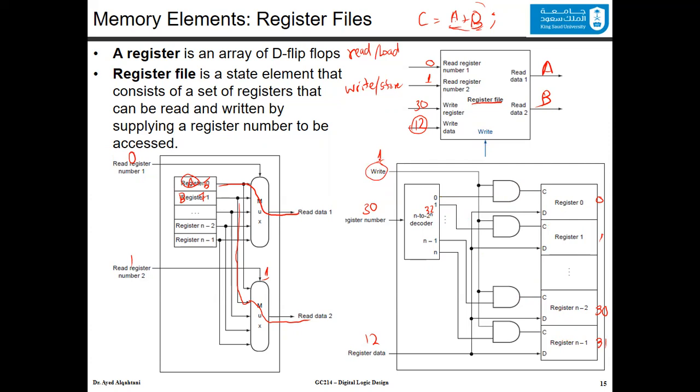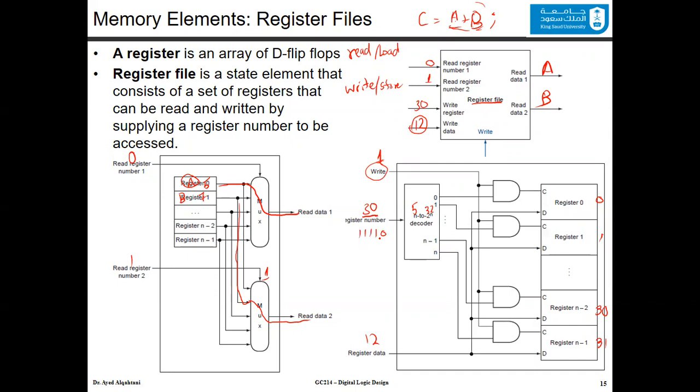So right now we want to write, so we will make this 1. The register number is going to be a binary value representing the value 30, so it's going to be 5 bits. 30 would be 1, 1, 1, 1, 0.